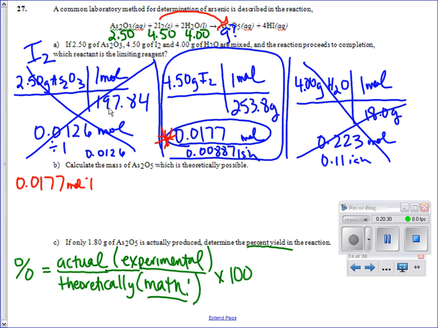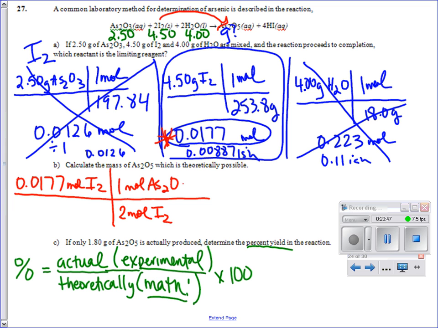Moles of I2. Okay, for every 2 moles of I2, I have 1 mole of As2O5, coefficient in the balanced equation.